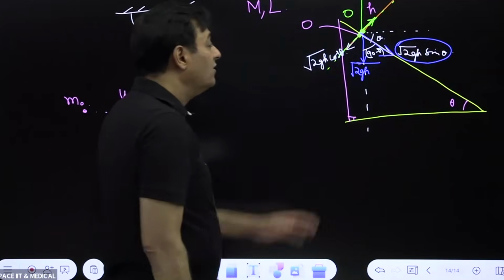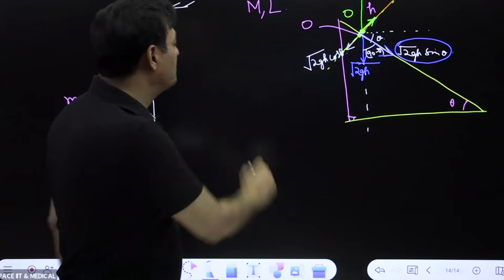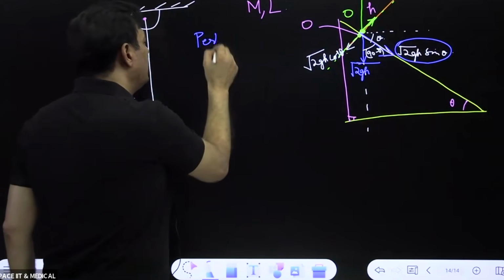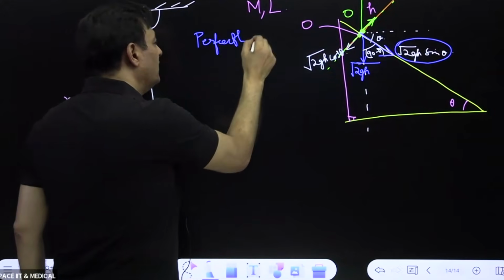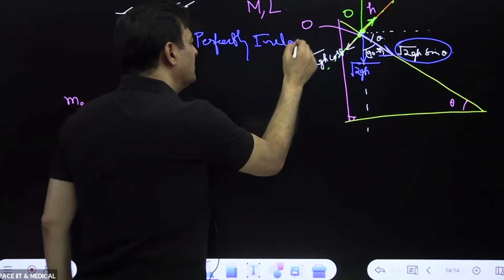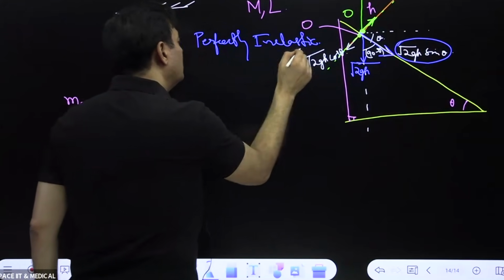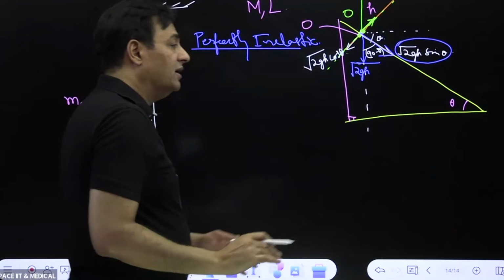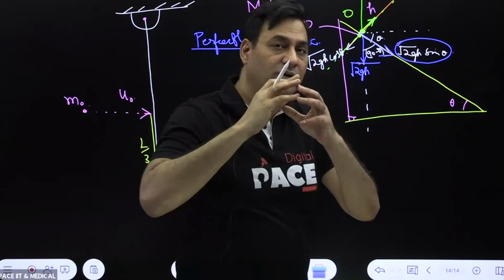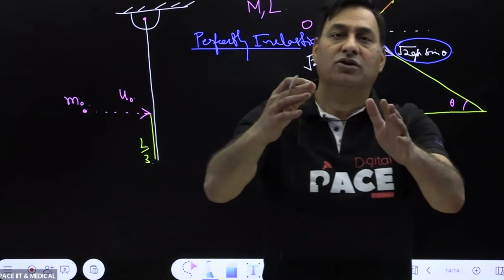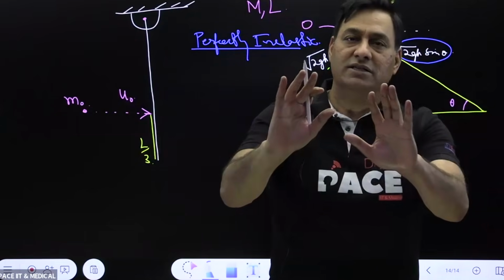Please understand this. For a perfectly inelastic collision, they don't stick together. If the two bodies stick together, that is a perfectly inelastic collision. That is always true.